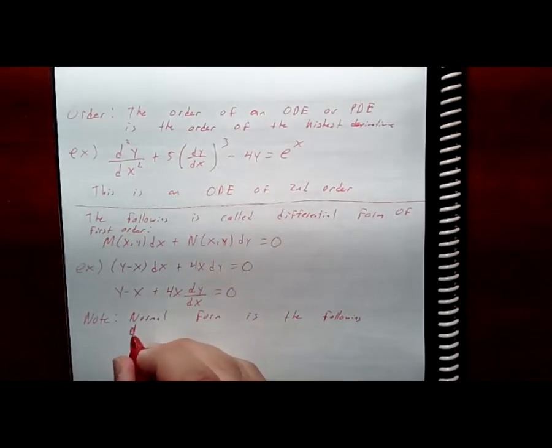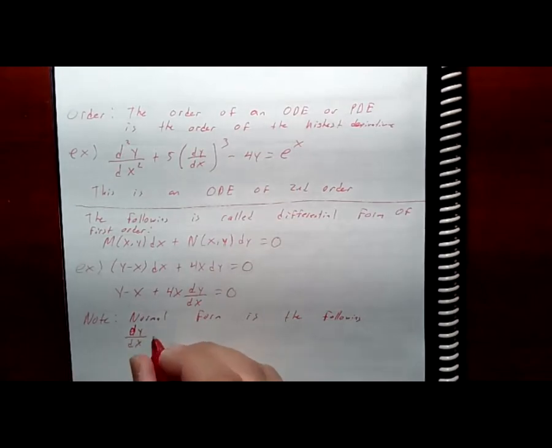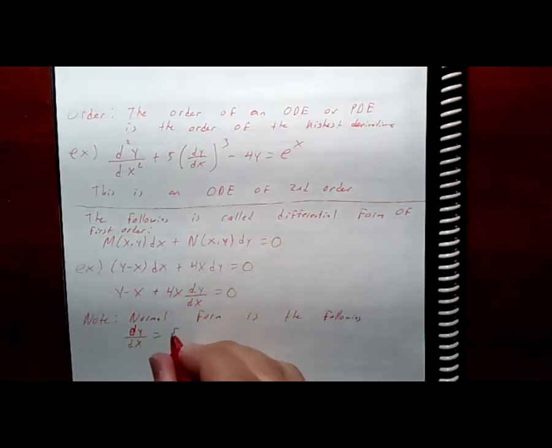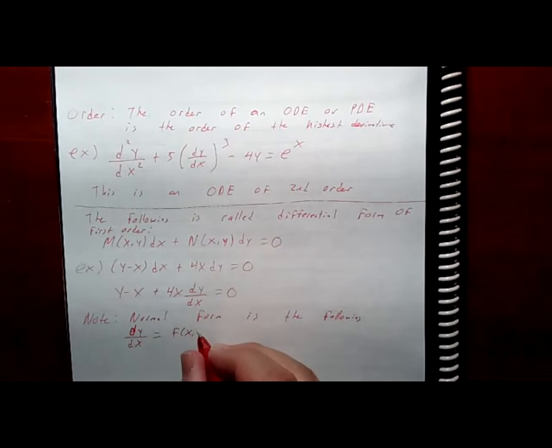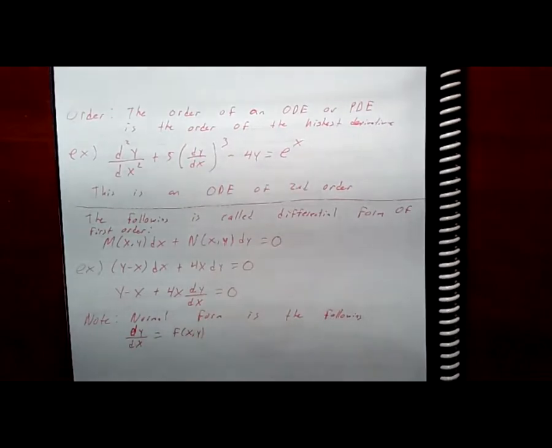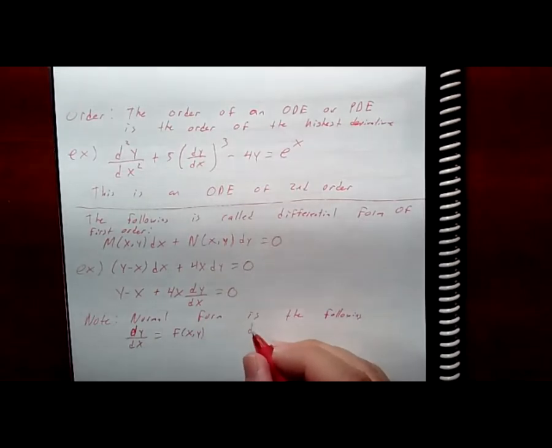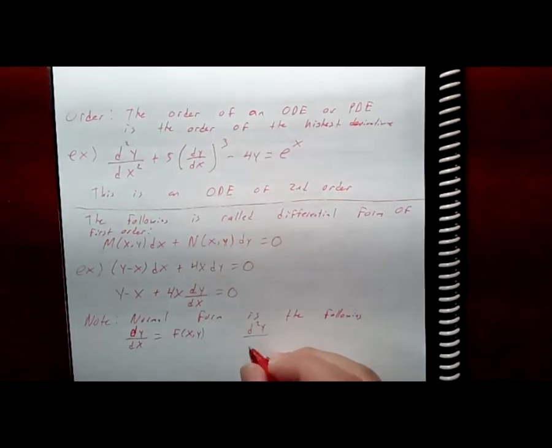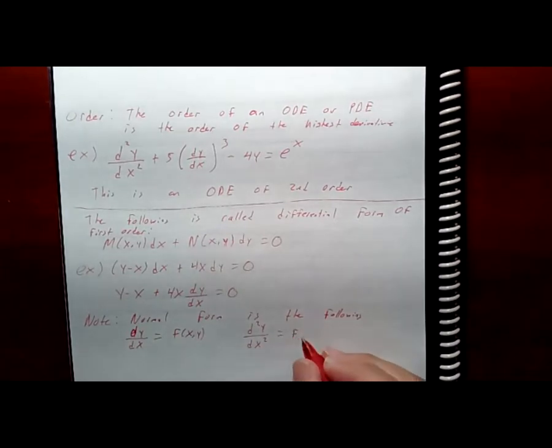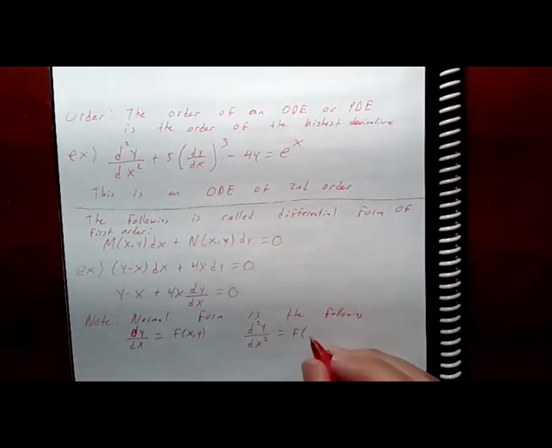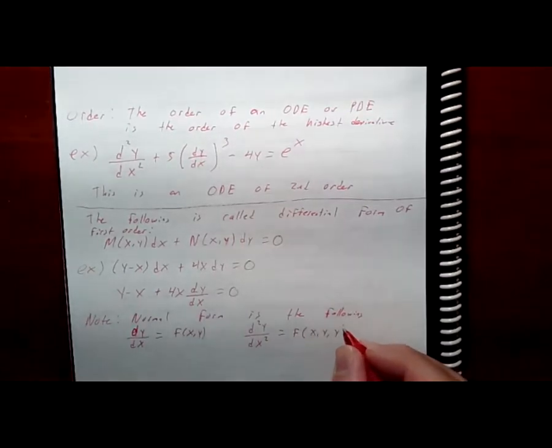So dy over dx would be equal to some function f of x, y. If it's second order, it'd still be the same, but this will contain x, y, and a derivative of y.